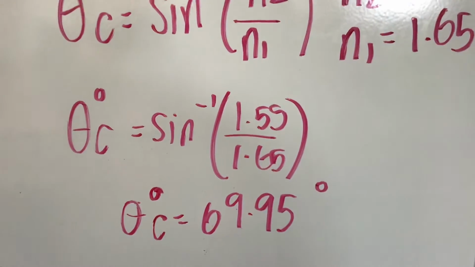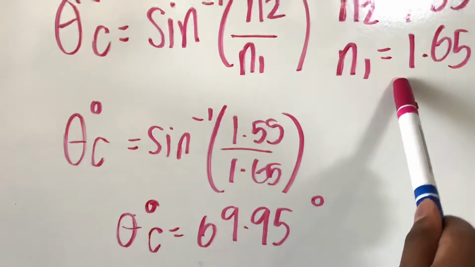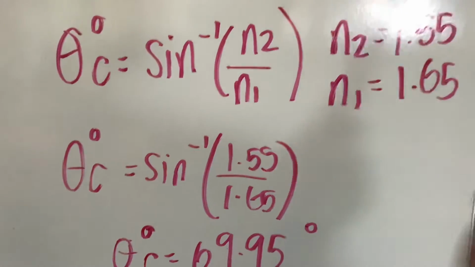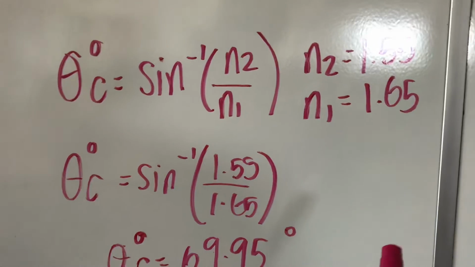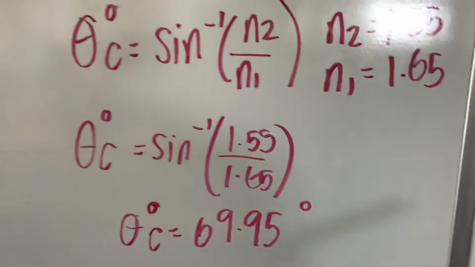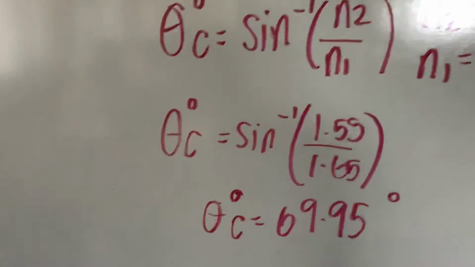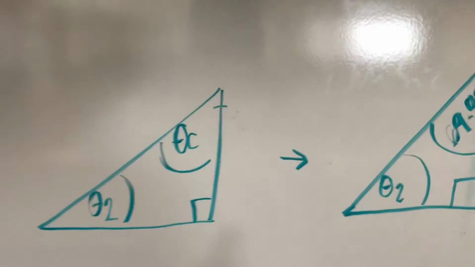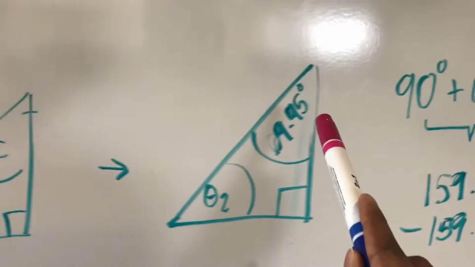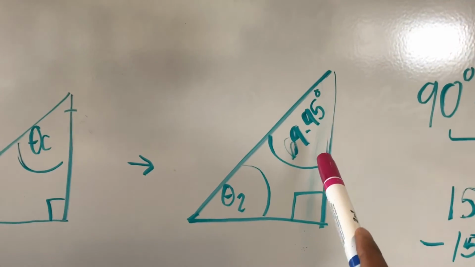It's also important for n1 to be greater than n2 in order for total internal reflection to occur, which is one of the significances of this question, understanding total internal reflection. So now we have theta critical. Back to our right angle triangle, we can substitute our theta critical for 69.95 degrees.